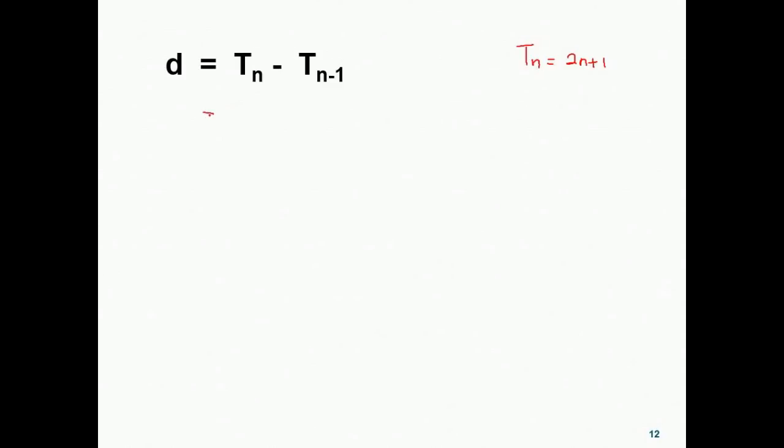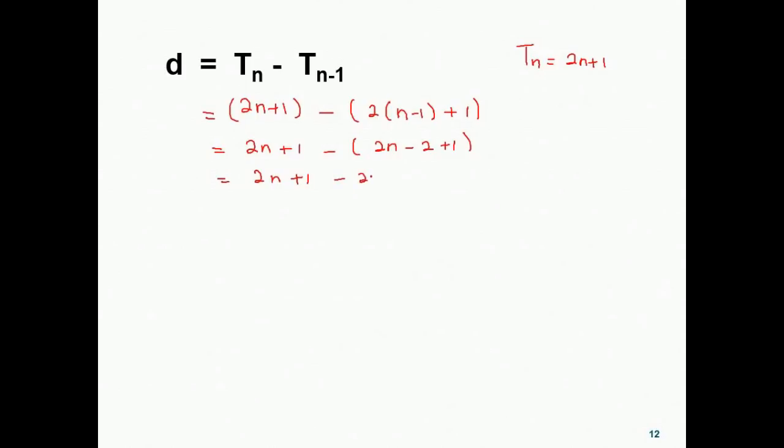Therefore, 2n plus 1 minus 2 times n minus 1, plus 1, is equal to 2n plus 1 minus, simplify the bracket first, 2n minus 2 plus 1. So we have 2n plus 1 minus 2n plus 2 minus 1.